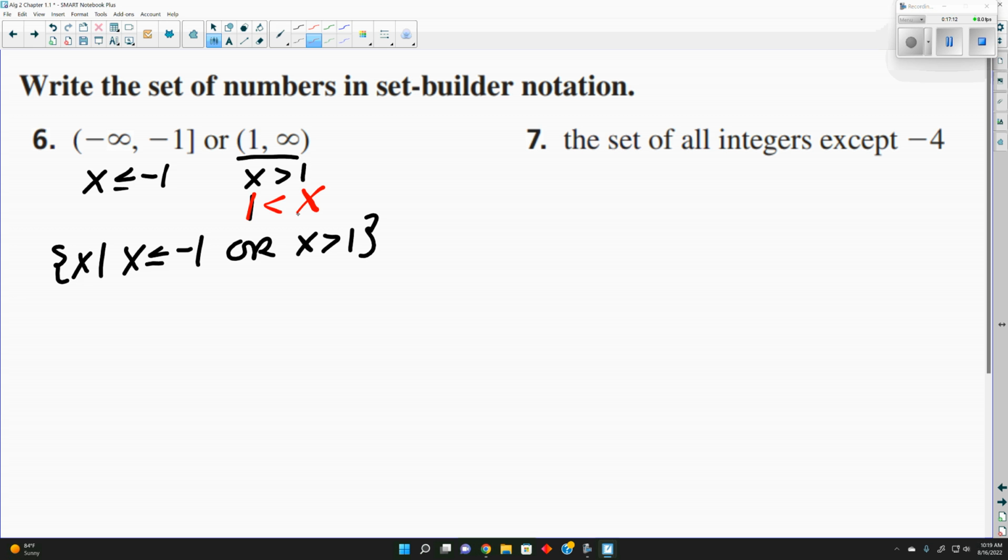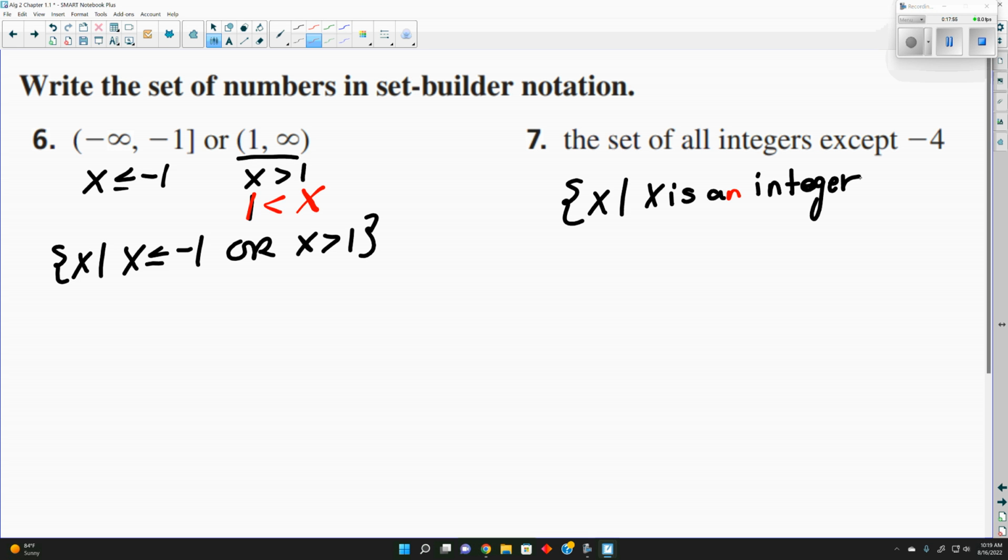Be ready for the next one. So again, we start off with x, brace x bar, the set of all real numbers x such that, what do we know about x? Is it all real numbers? The set of all except, so we need to, because right now we're talking about all real numbers, yes? So we need to change that. x is an integer. I run out of room, so you guys can keep writing to the side.